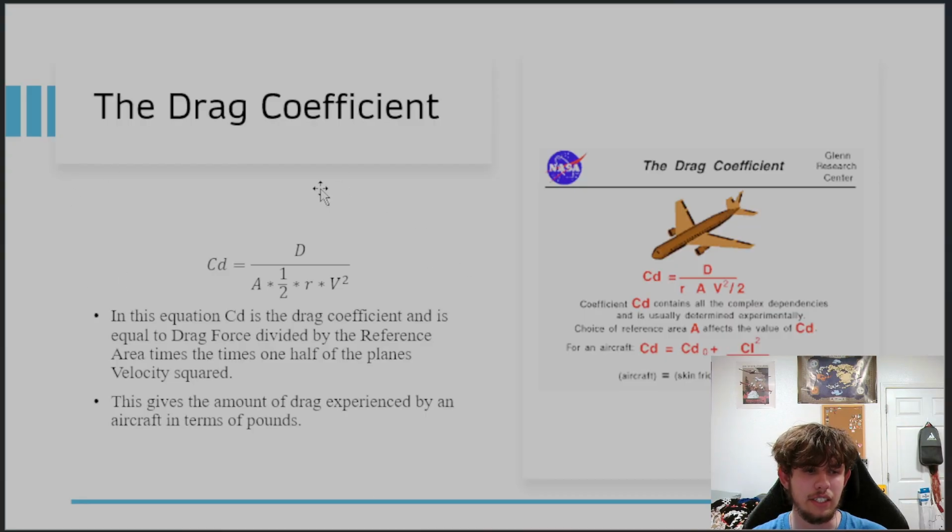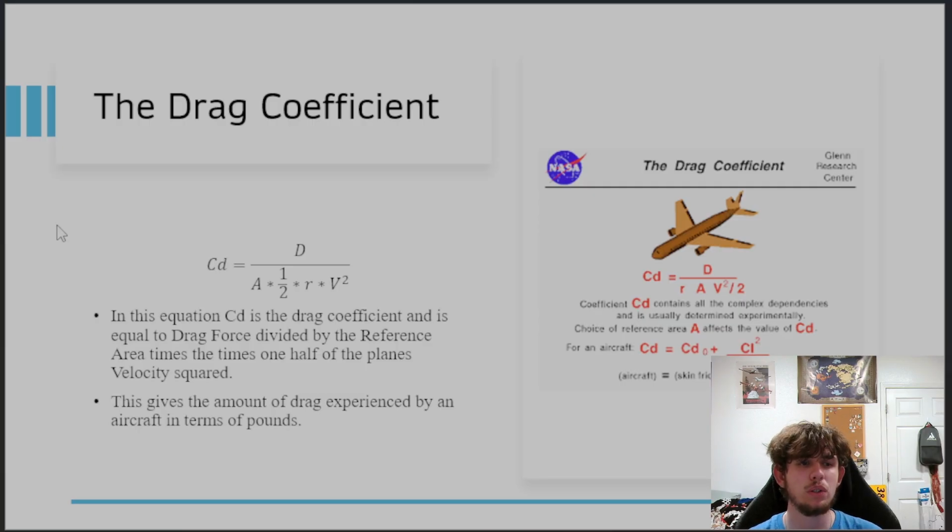This is the drag coefficient, or the equation that specifies what amount of drag you'll get for a given flight configuration, or for a given airspeed. CD is your drag coefficient, the amount of drag in pounds that the aircraft is experiencing at any given time.